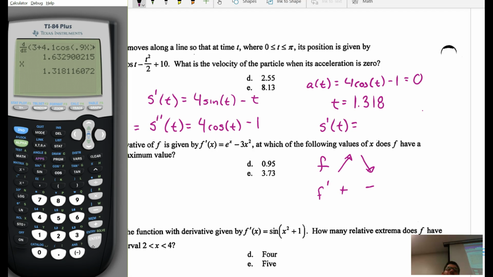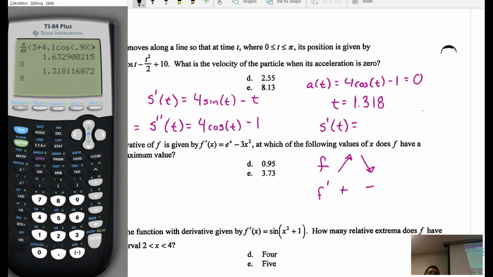So when we plug this in, also on the AP test, it doesn't say this on every single problem. It says this in the directions at the beginning of the test. You're not supposed to round any numbers until you get to your final answer. So if we're going to use this number in the problem, we're not supposed to round it. We're supposed to use all those decimal places.